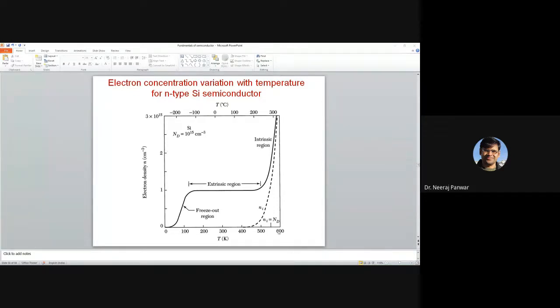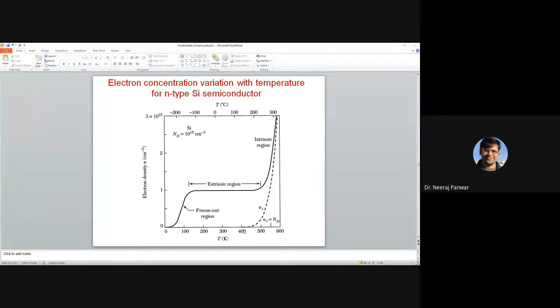If you want to see how the conductivity or resistivity of the semiconductor will vary, the conductivity depends upon the electron concentration times the electronic charge times the mobility of electron.